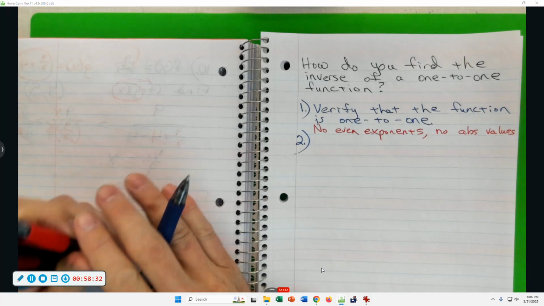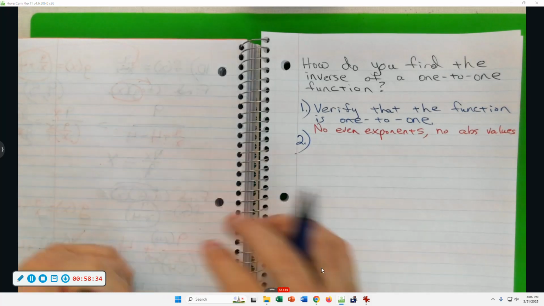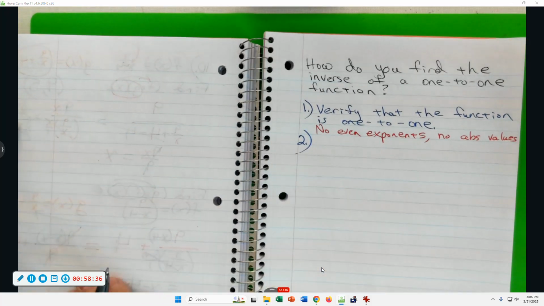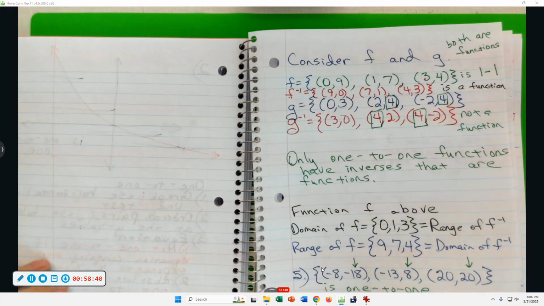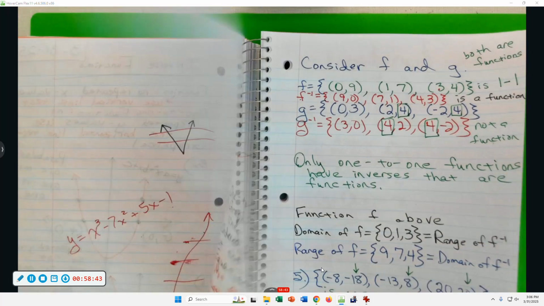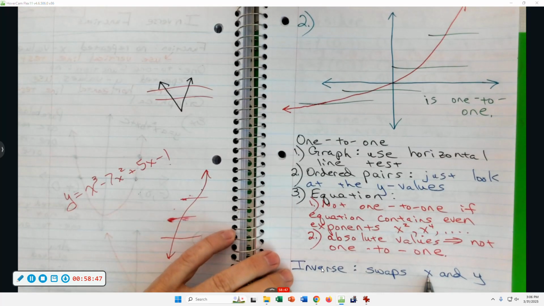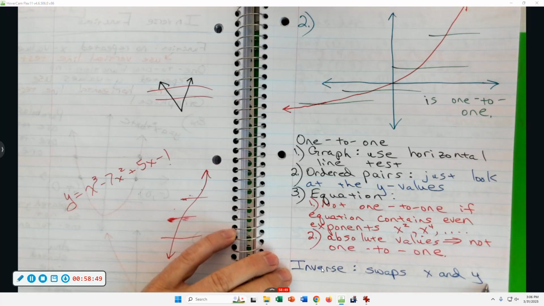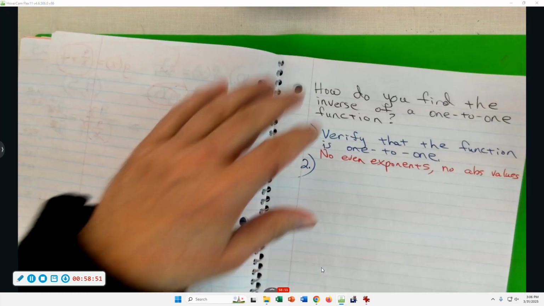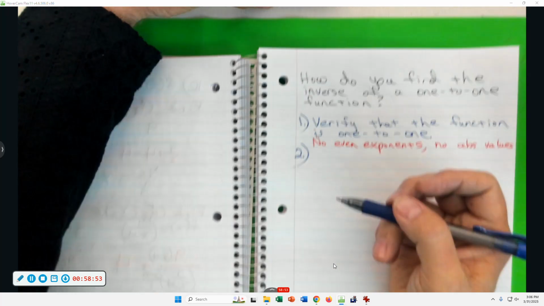Loosely speaking, what does an inverse do? What did I say an inverse does? When I first mentioned the word inverse today, I think I wrote out something. Where is it? Inverse swaps x and y. So, how would I say that?